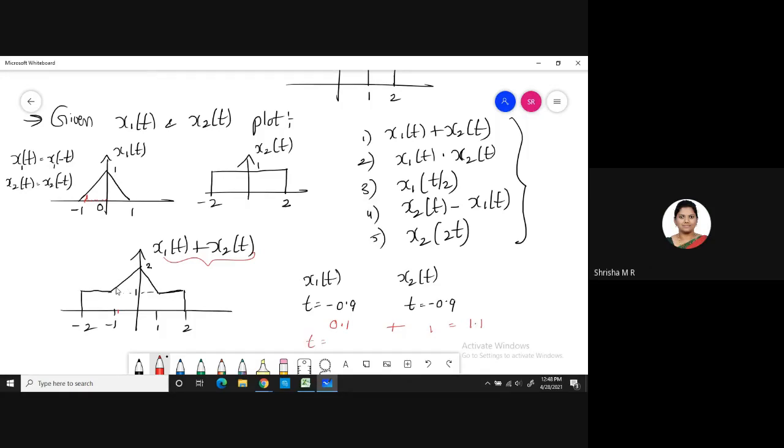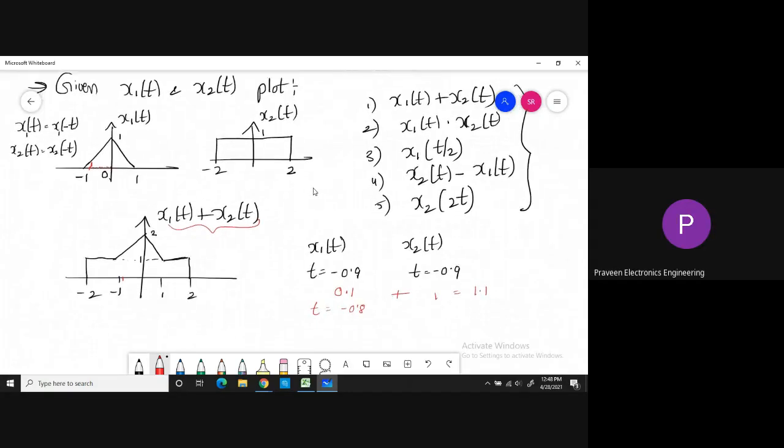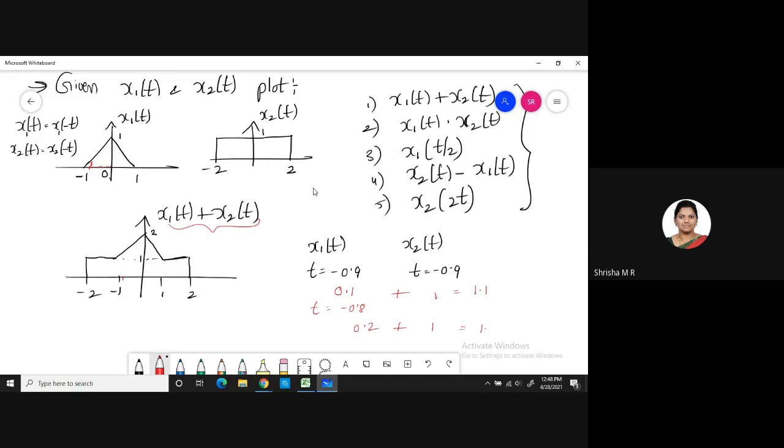Similarly, at t is equal to minus 0.8, what is the signal? 1.2. At t is equal to minus 0.8, it is 0.2. In x2 of t, it is 1. So it is 1.2. So here, you will get 1.2. Similarly, at t is equal to minus 0.5, in both the cases, it is 0.5 plus 1. It is 1.5. So it will be somewhere half, 1.5.